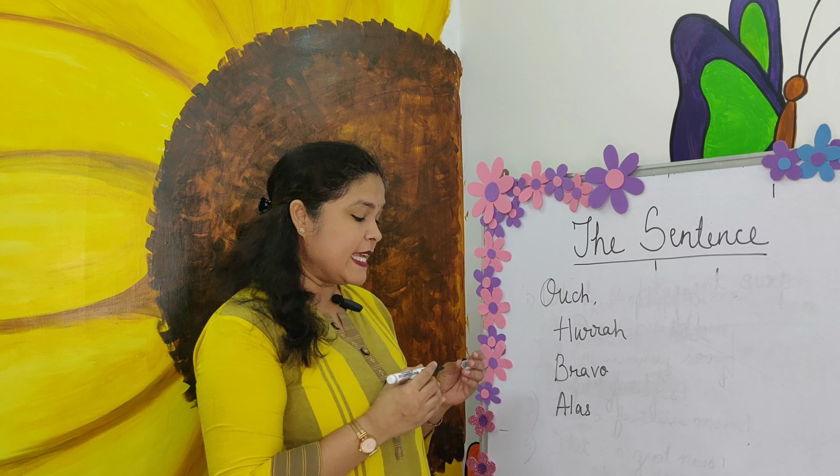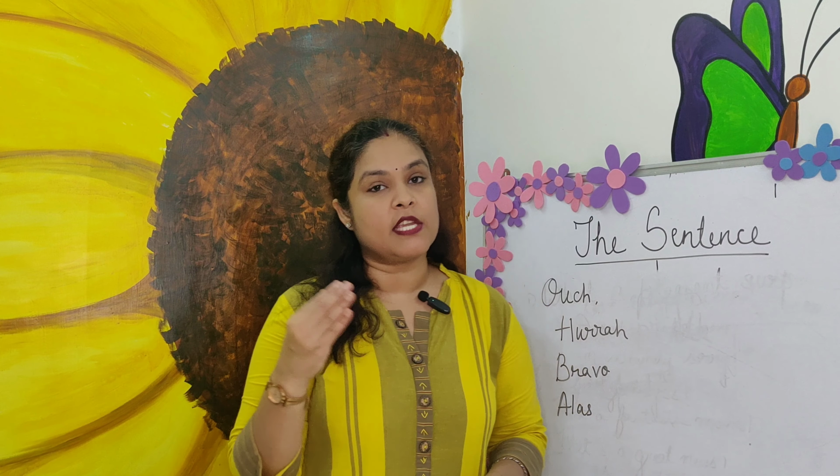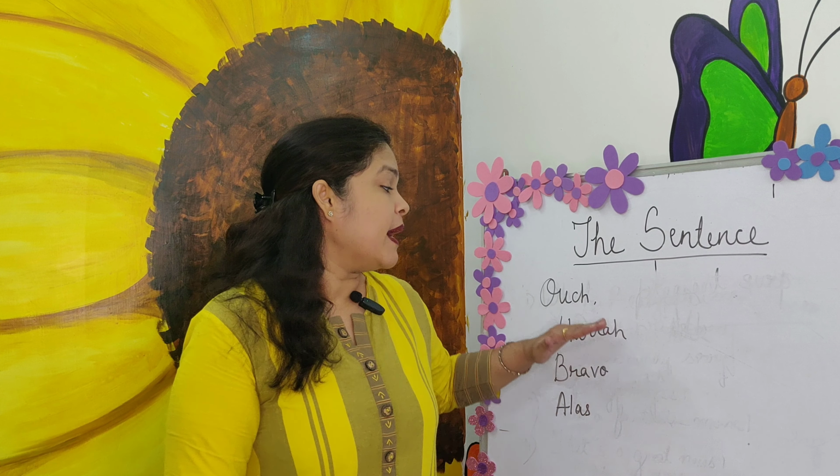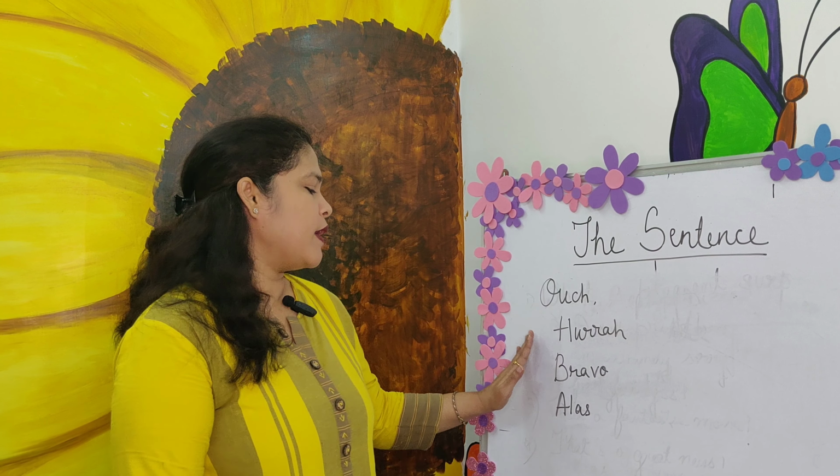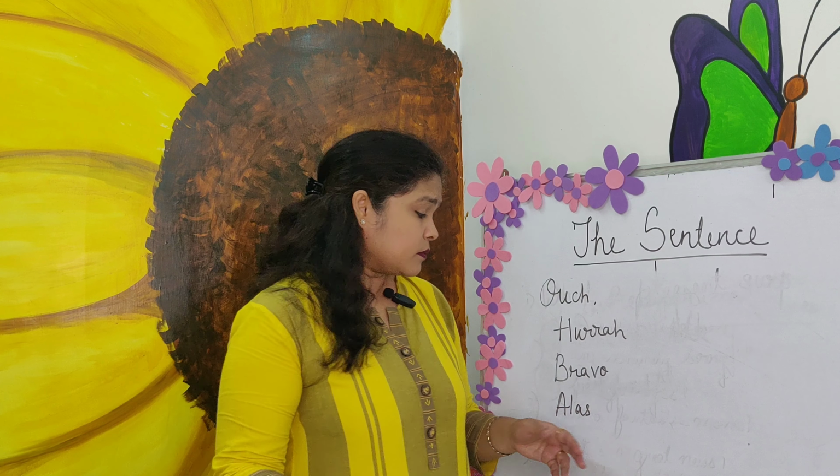Okay, so these are interjection words. Interjection is another topic which we will cover, but it forms a part of an exclamatory sentence. We use these words to form exclamatory sentences. Ouch, hooray, bravo, alas. There are a lot more.